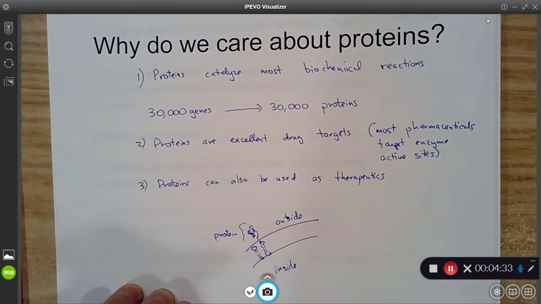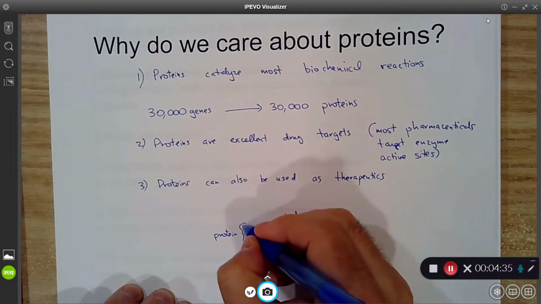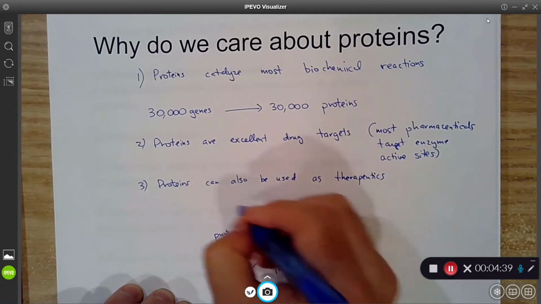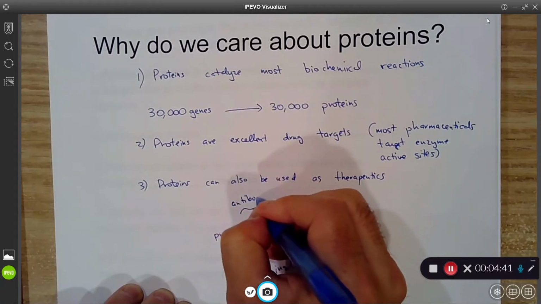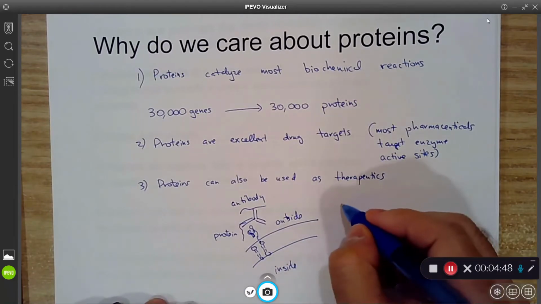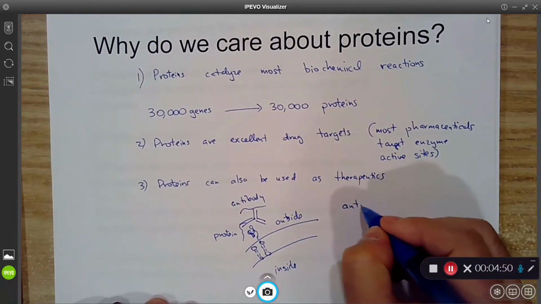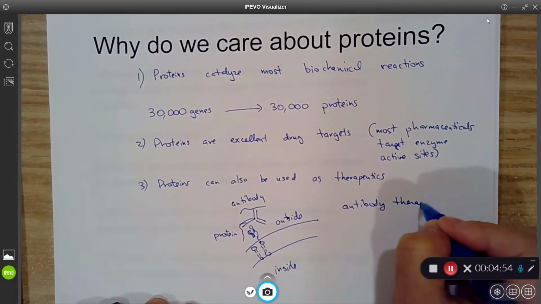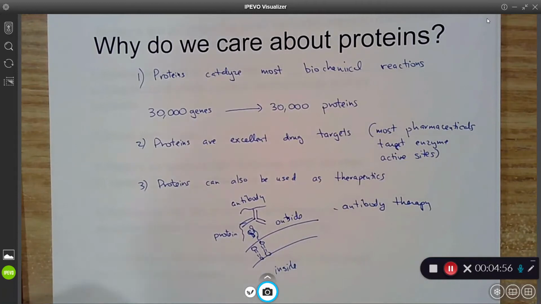And what antibodies do, antibodies have very specific and high affinity for proteins. And therefore, antibodies can be used to target specific proteins that might be involved in cancer, for example. Okay, we will touch upon that later on in this unit. So there's a little bit of a reason why we're going to be studying proteins.